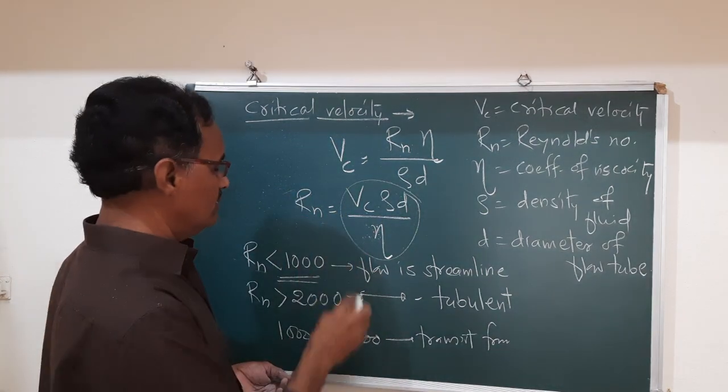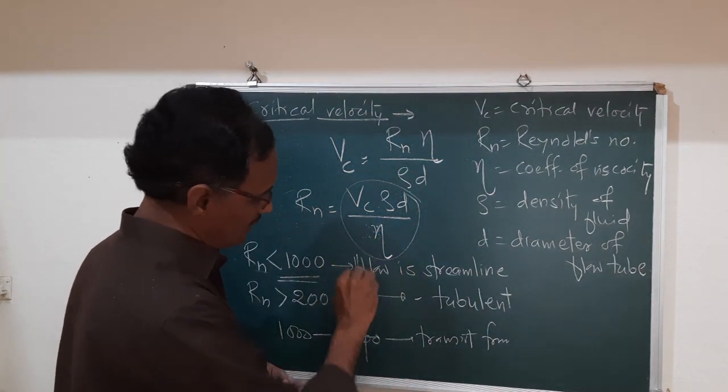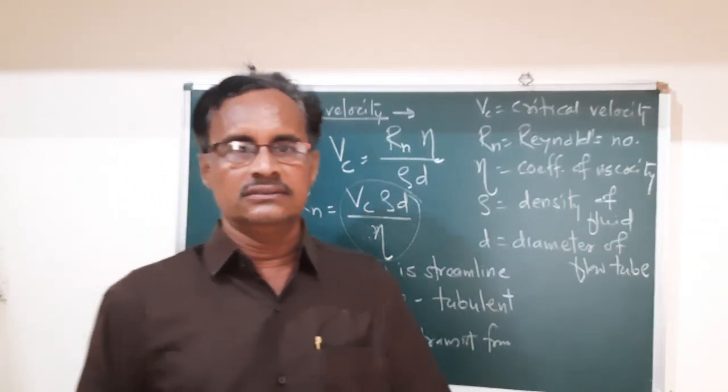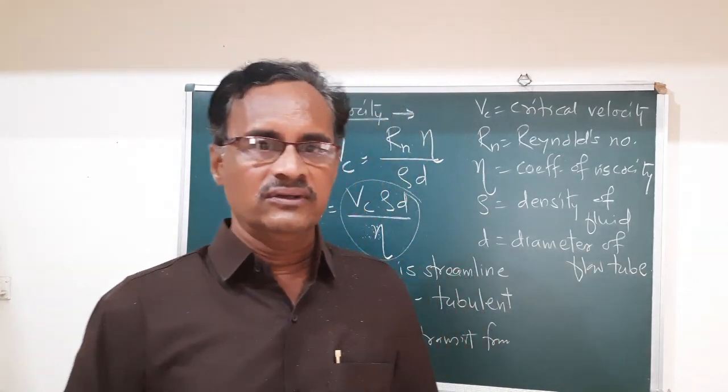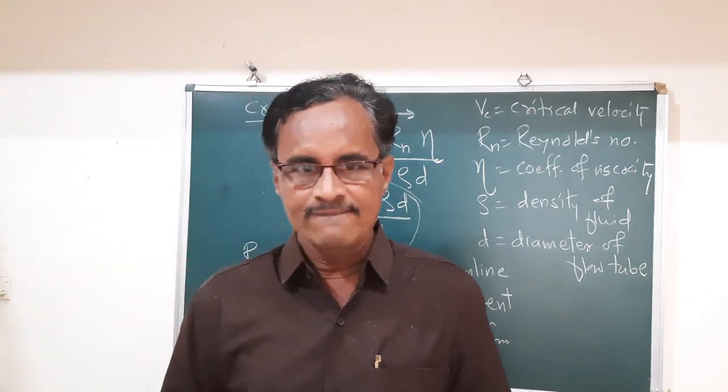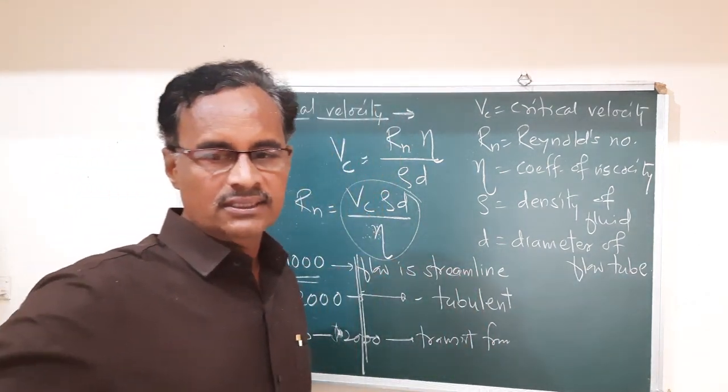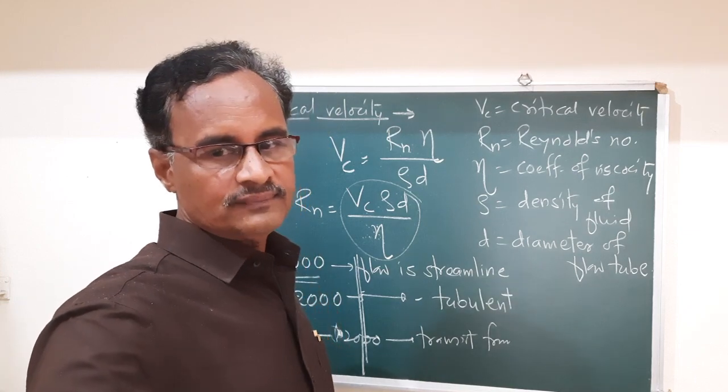By using it, we can identify whether the flow is streamline or turbulent, or at what value it will become turbulent. Now this is about the Reynolds number and critical velocity.